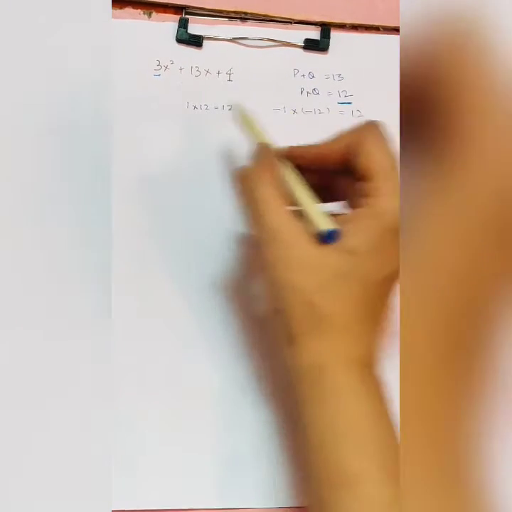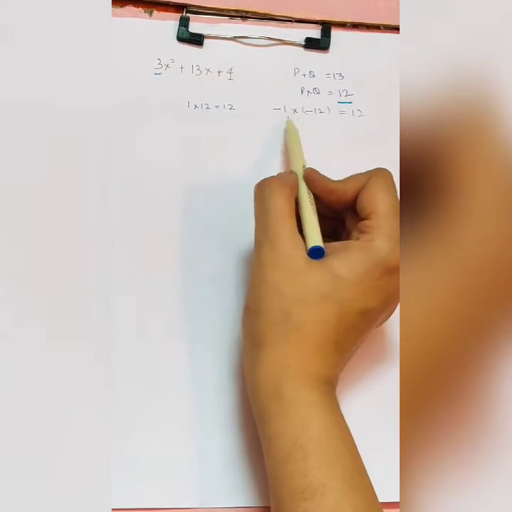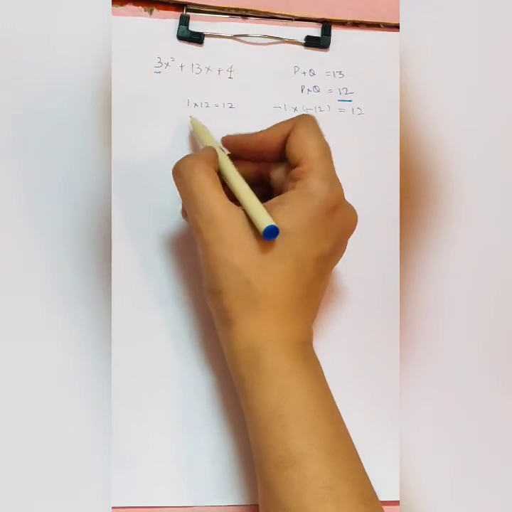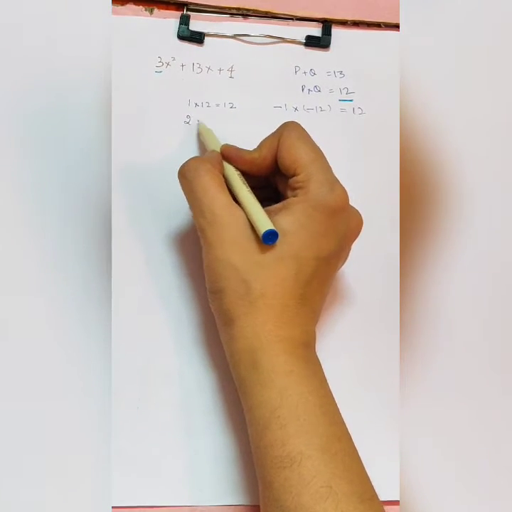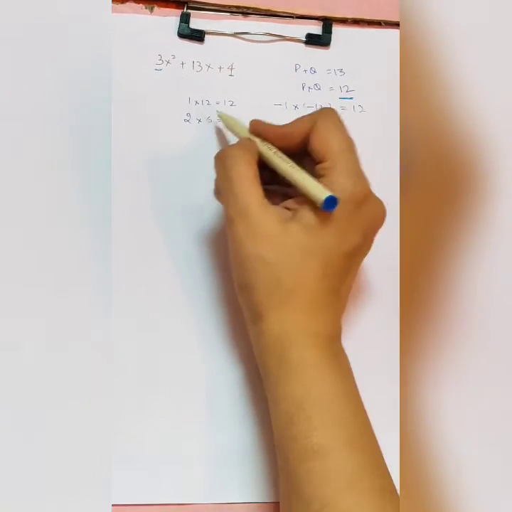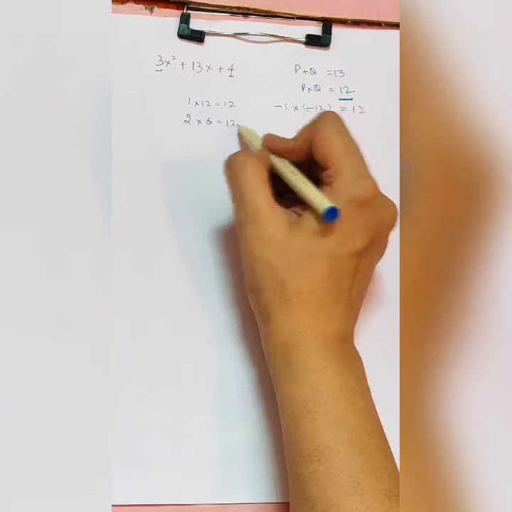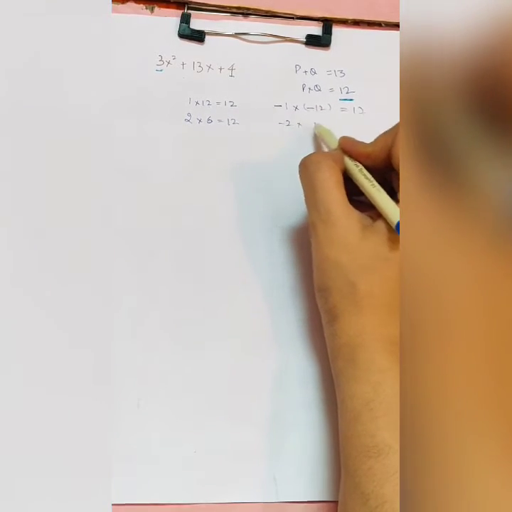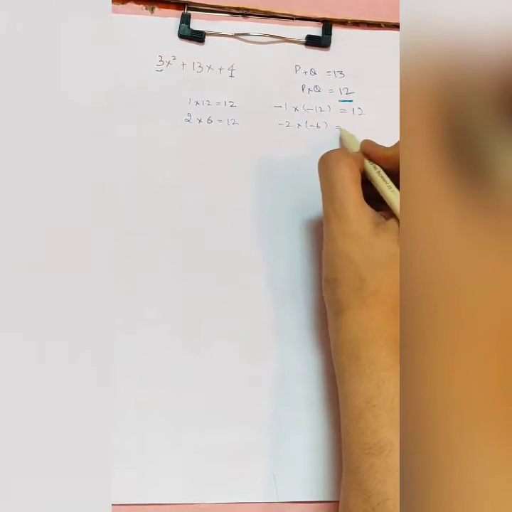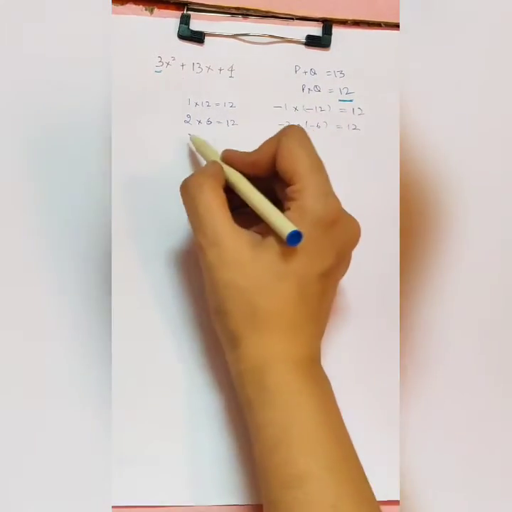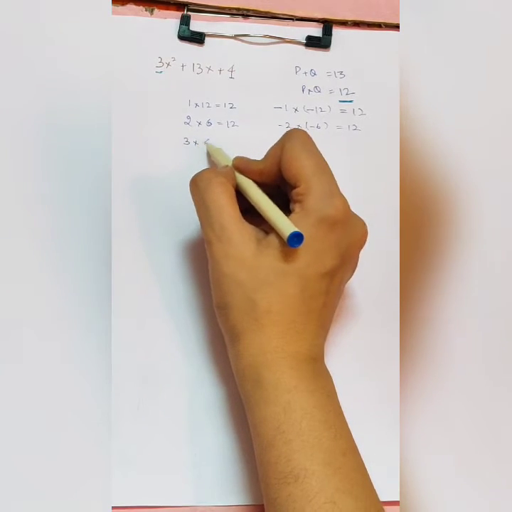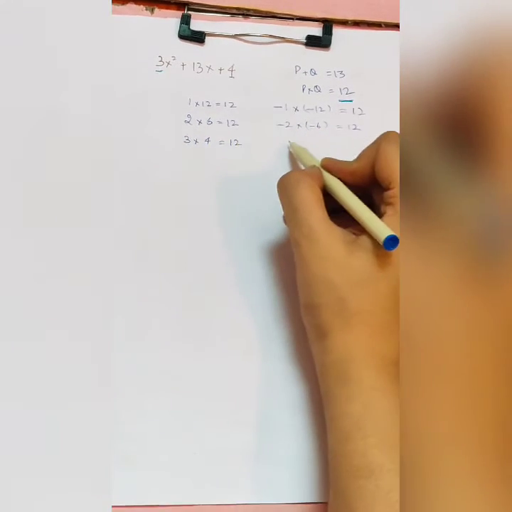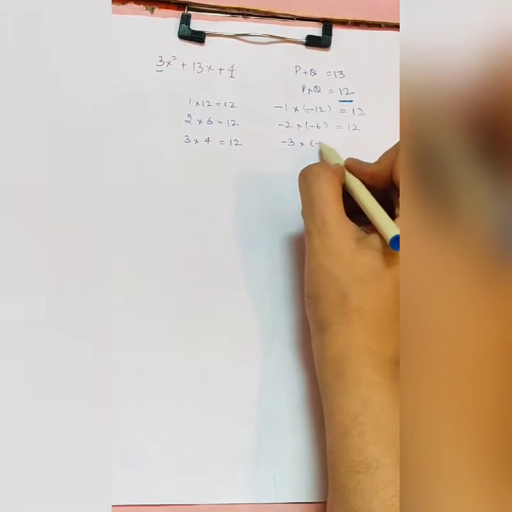So 1 into 12 is 12, minus 1 into minus 12 is 12. Second, we get 2 into 6 is 12, and minus 2 into minus 6 gives us 12. Next, 3 into 4 is 12, minus 3 into minus 4 is 12.